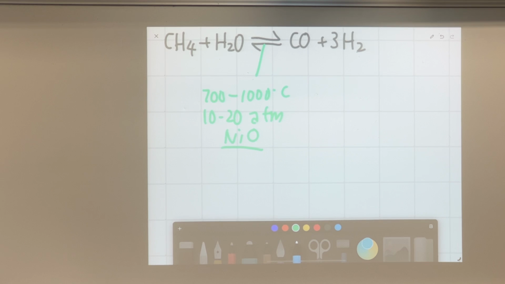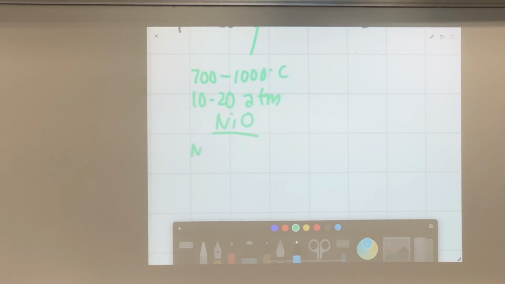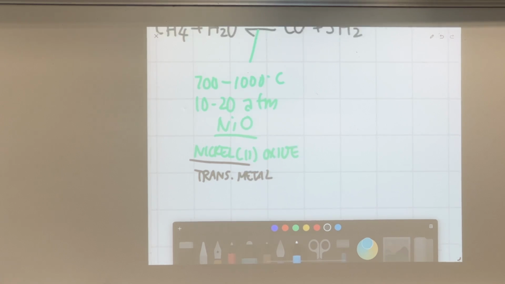Nickel(II) oxide. Because nickel is it an ordinary metal or a transition metal? Transition metal. So can you put down the name? Nickel(II) oxide, as this is a transition metal. I intentionally left out the name because I want to ask you this question.